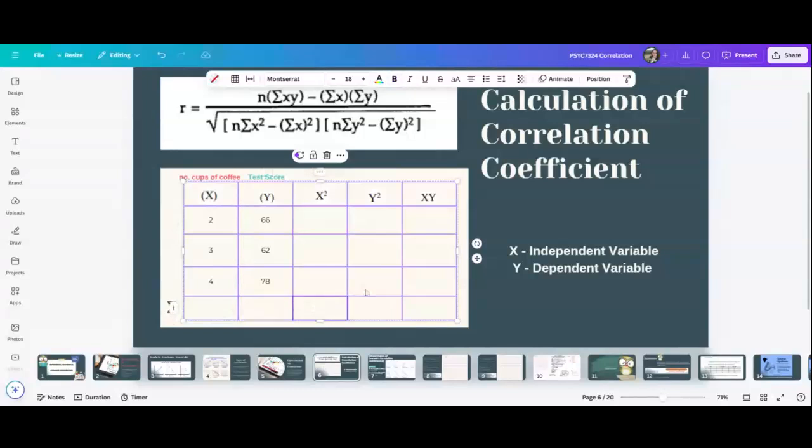So let's dive in to doing these calculations. Has anyone got their calculators on them to help make this process go quicker? If someone could put in the chat this column, x times y: the first one would be 2 times 66, then 3 times 62, and then 4 times 78.